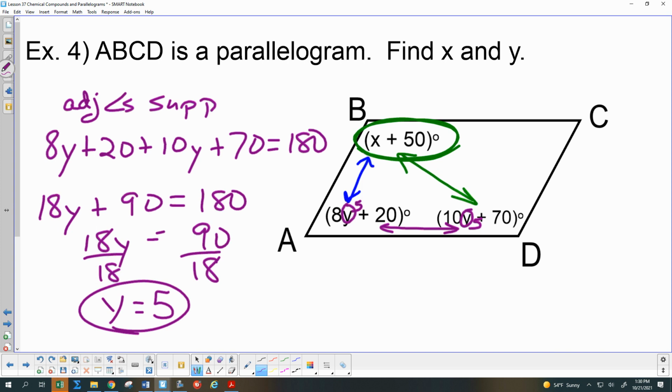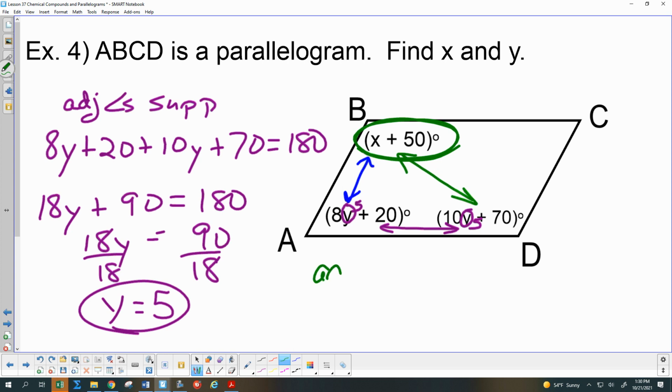Abby. Okay, so everybody good with that? Abby is saying that A and B are adjacent.